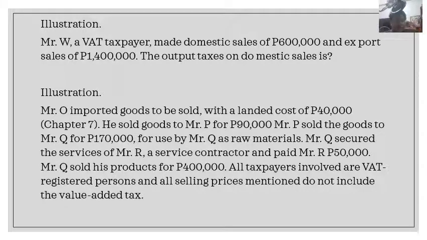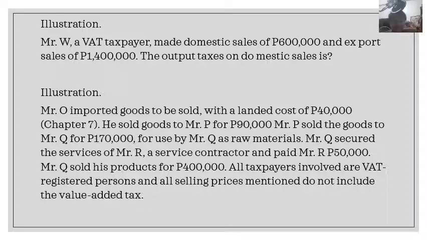So, ano ba ang formula ng VAT payable? Output tax less input tax. So, magkano na yung output tax natin kanina? 90,000 times 12. So, ang output tax natin is 10,800. And ang ating input tax ay 40,000 times 12% is 4,800. So, ang difference ay 6,000.